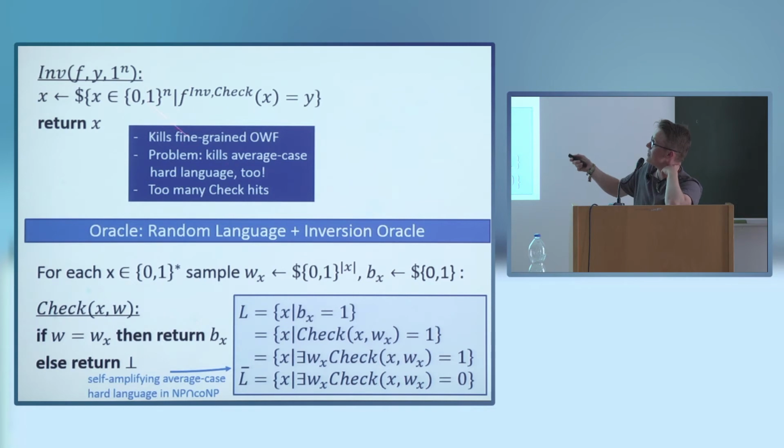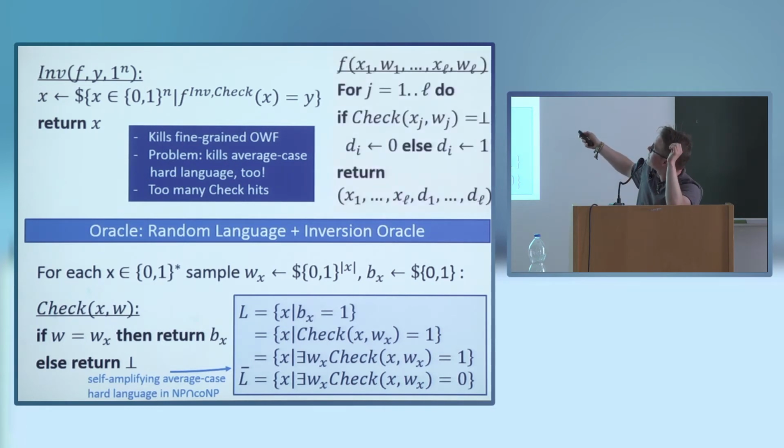So far so good, but such a great inverter is a little bit too good. The reason is that this inverter takes an oracle circuit f, and the cost of f tells you how many check queries give you something other than what f should make. But take a function that on strange inputs has lots of hits.